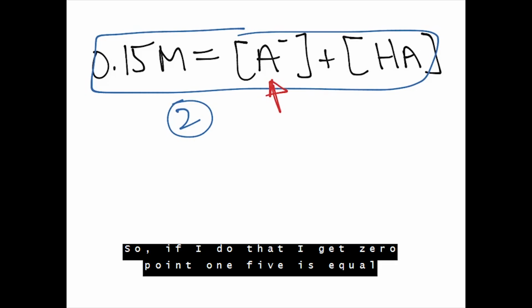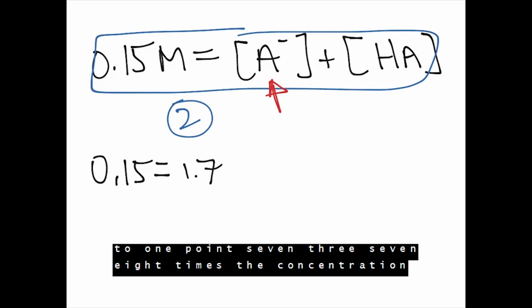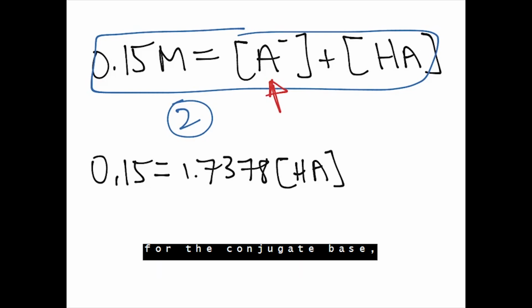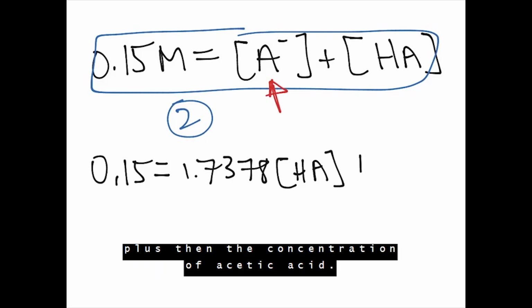So if I do that, I get 0.15 is equal to 1.7378 times the concentration of acetic acid. So that's my substitution for the conjugate base, plus then the concentration of acetic acid.